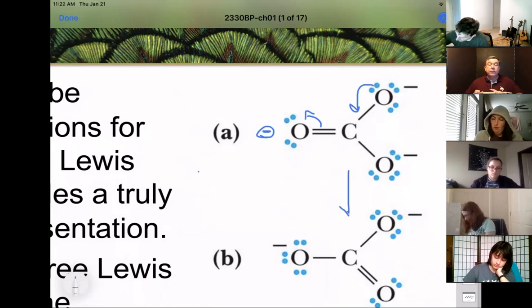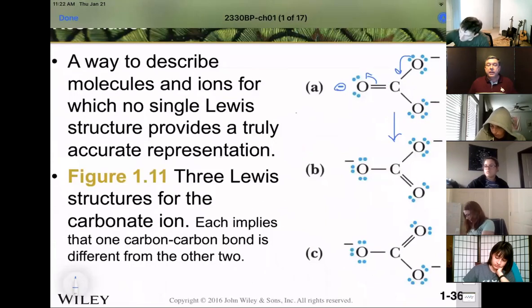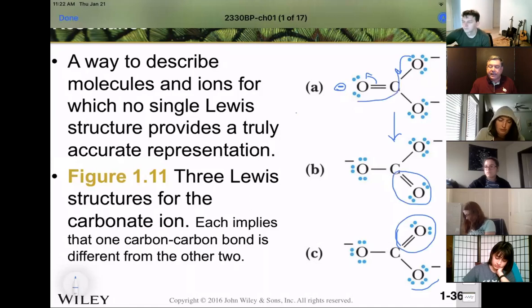So are they different at all? No, they're not. And so we have two possible structures that show the same thing. Well, it turns out that we can also do that with this other oxygen here to give us the double bond can be on any of the 3 oxygens in any one Lewis dot structure.